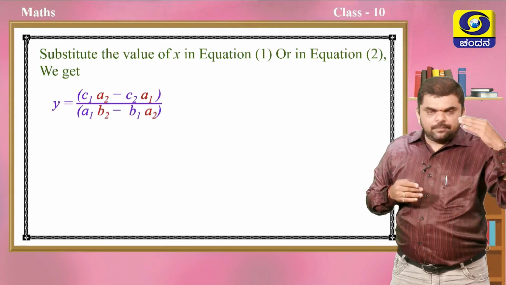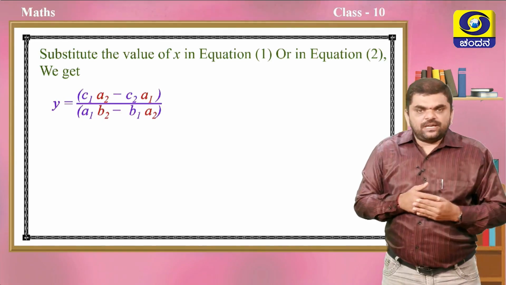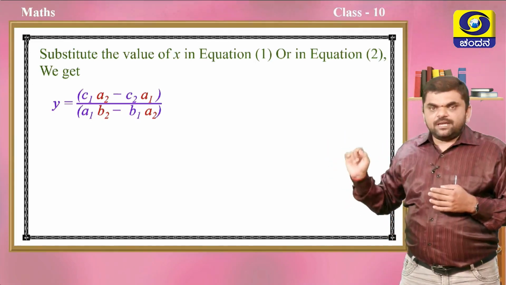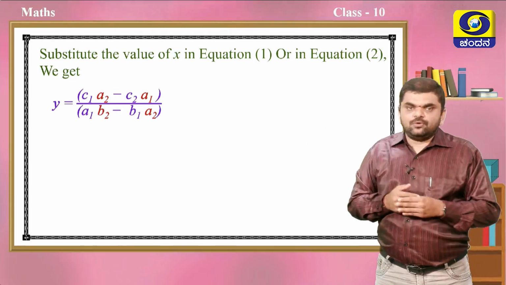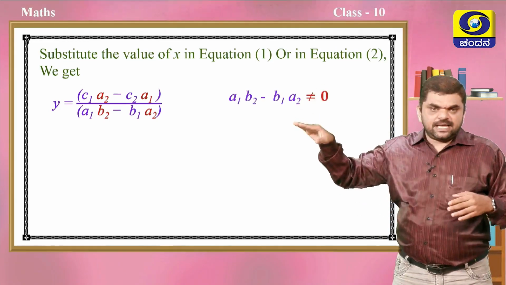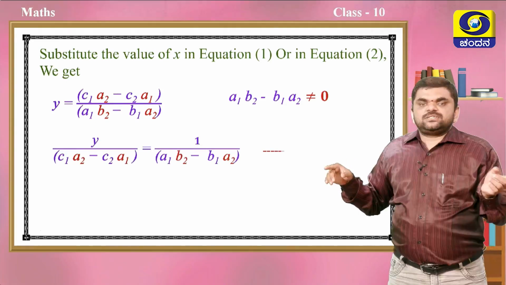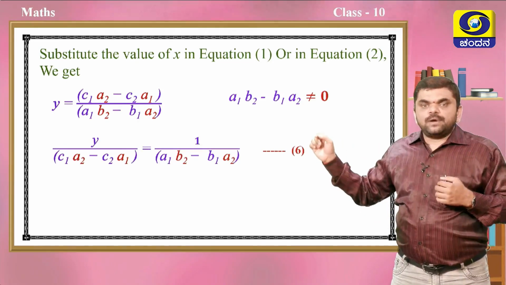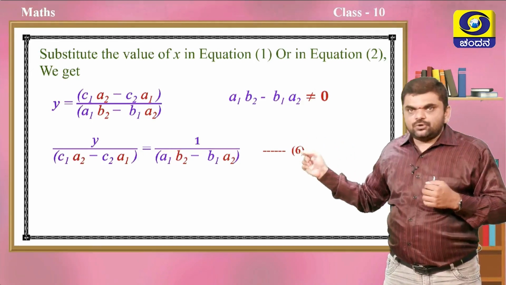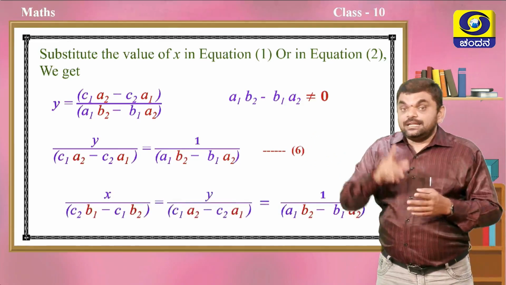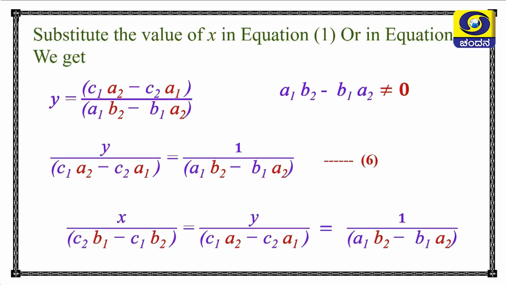I am directly giving the value of y is equal to (c1 a2 minus c2 a1) over (a1 b2 minus b1 a2). Again we are transferring the numerator of the right hand side to the LHS, which becomes the denominator here. y by (c1 a2 minus c2 a1) is equal to 1 over (a1 b2 minus b1 a2). Let us consider this as equation number 6.